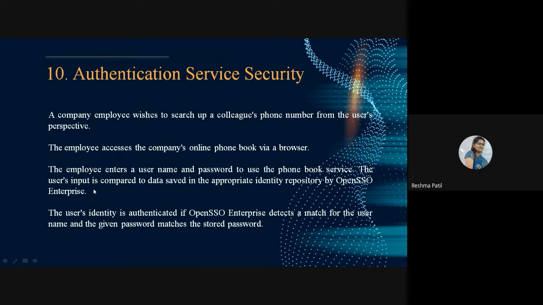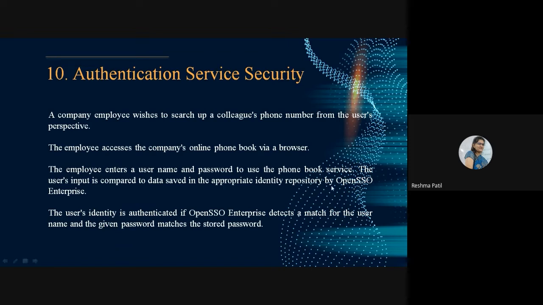The user's input is compared to data saved in the appropriate identity repository by OpenSSO Enterprise. Here they are using OpenSSO Enterprise to check the employee's user ID and password, whether the authenticated user is there or not. Various modules and services are used for authenticating employees or users.